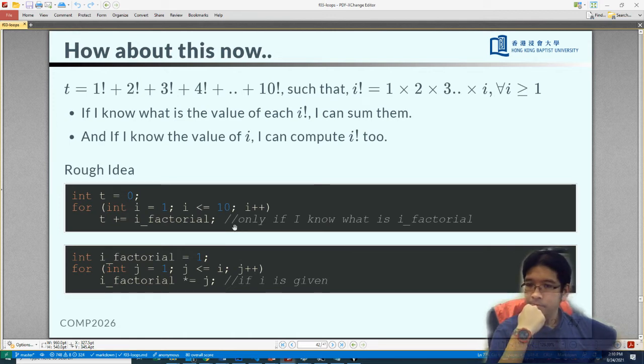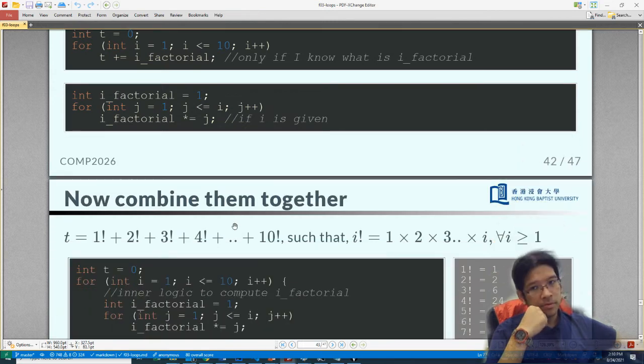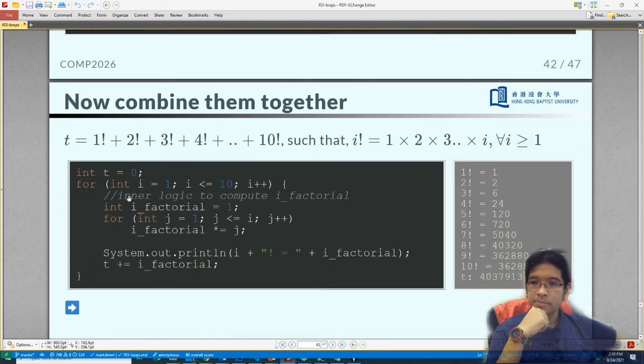And how? Well, quite straightforward. This is the outer loop, which computes the values ranging from 1 to 10. For each of them, we can use the value of i declared in the outer loop to compute the value of i factorial. So if we know the value of i, let's say i equals 1, we know the value of i factorial here.